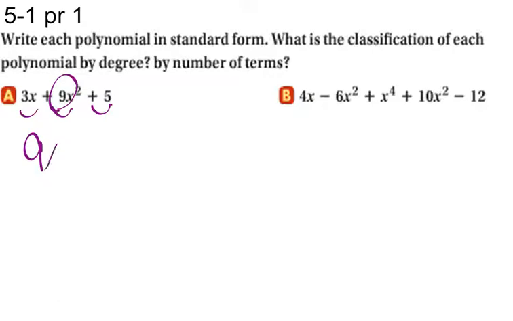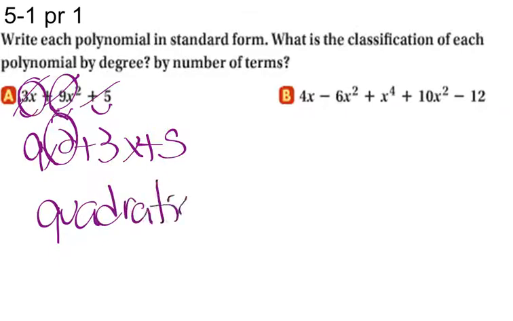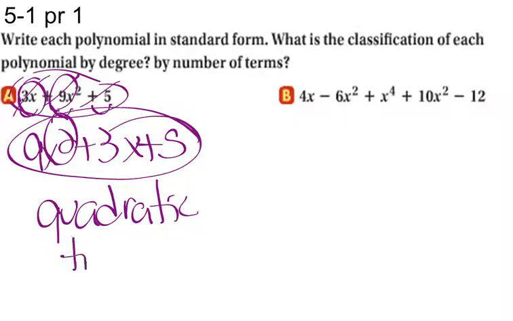So 9x squared plus 3x plus 5. The highest power is a 2, so it's a quadratic, and it's 3 terms, so it's a trinomial. So it's a quadratic trinomial.